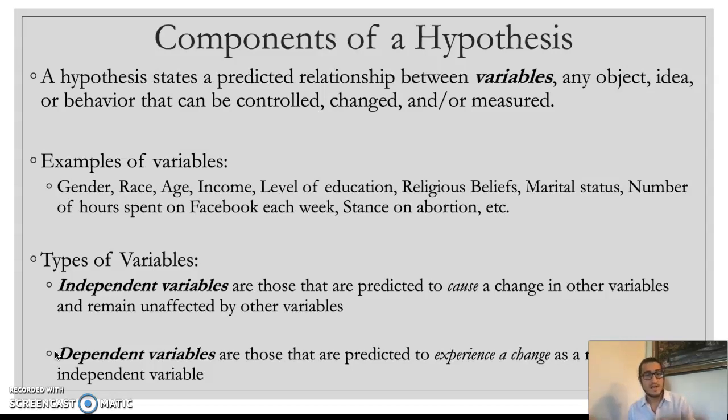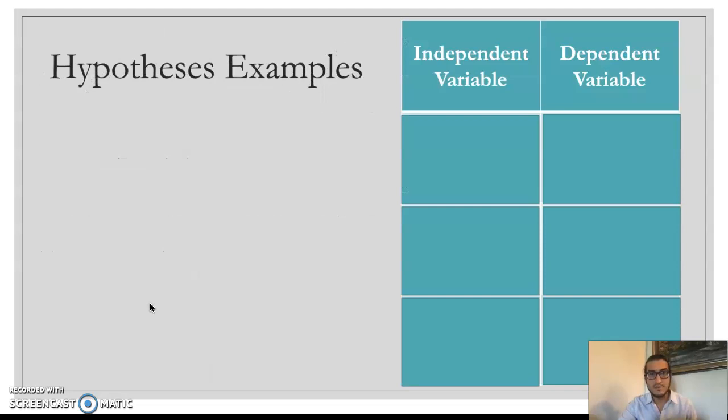Dependent variables, on the flip side, are those variables that are predicted to experience a change as a result of the independent variable. So we expect our dependent variables to fluctuate or to vary based off of different levels of an independent variable. So this probably sounds very confusing, but we'll take a look at some hypotheses here as some examples so we can see what independent and dependent variables look like.